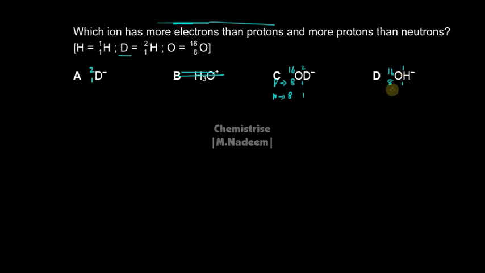So it has protons 8 plus 1, 9, while neutrons will be 8 from the oxygen and 0 from the H. So you can see in this case you have 9 protons and 8 neutrons. So the answer for this question is D, in which we have more electrons than protons and more protons than neutrons.